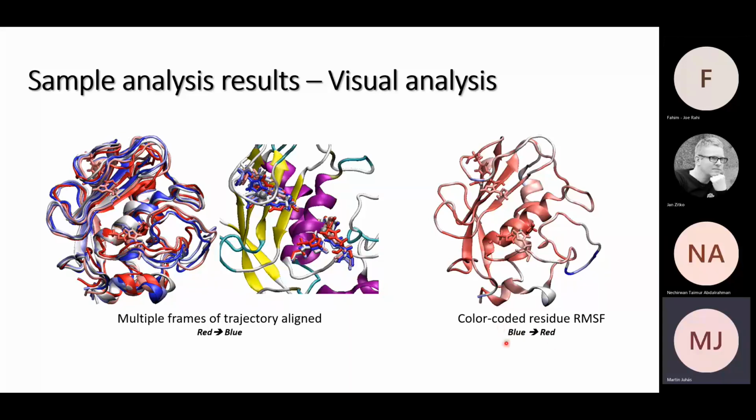As you can see, the blue thing is again this loop, and this loop is the same as the loop on the left side. So you can see that in both these analyses we got to the same idea, that the loops are very flexible and they're moving a lot. But on the right picture, we can even see that it's this particular amino acid that moves that much, or the other one is here.